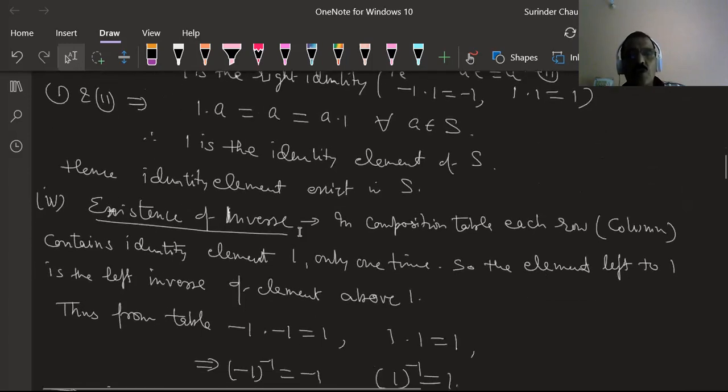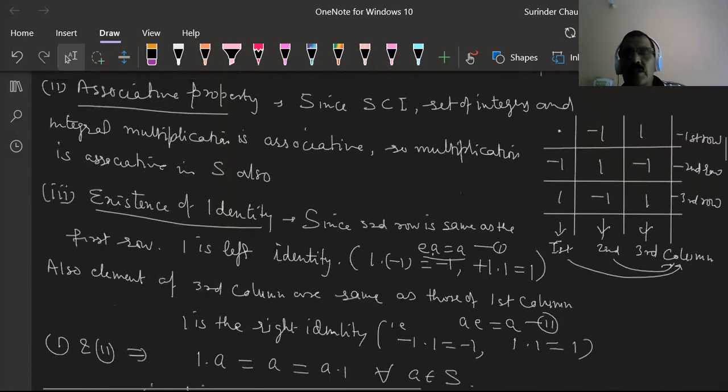Now, existence of inverse elements. In the composition table, each row or column contains the identity element. This row contains the identity element, and this also contains the identity element. This row, this row, this column, this column contain the identity element.